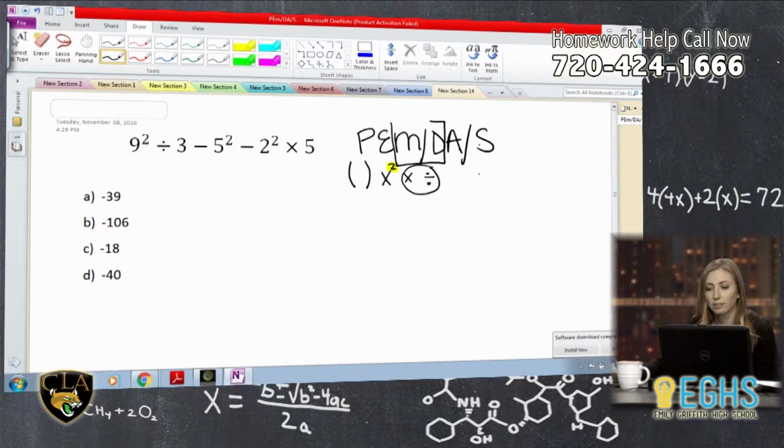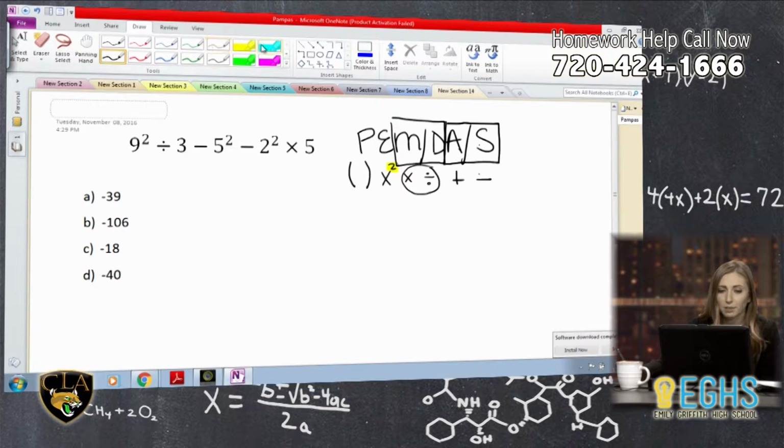I do even end up seeing that in this problem here. If you see here division and multiplication, those should go left to right. That's one of the most common errors when it comes to following order of operations. Same goes for addition and subtraction. It also goes from left to right. So if we see a subtraction before we see addition, again, it's left to right.